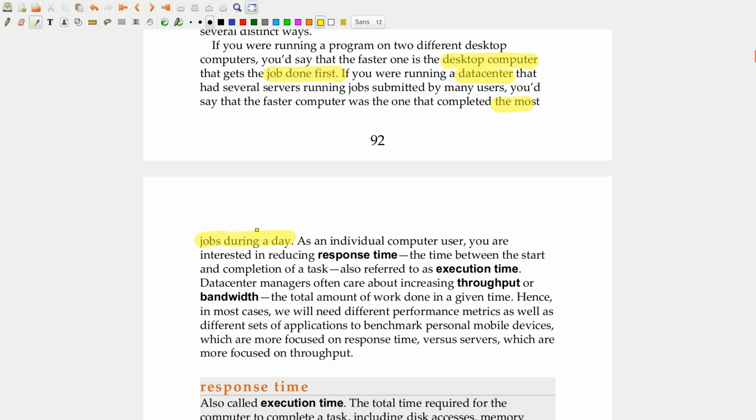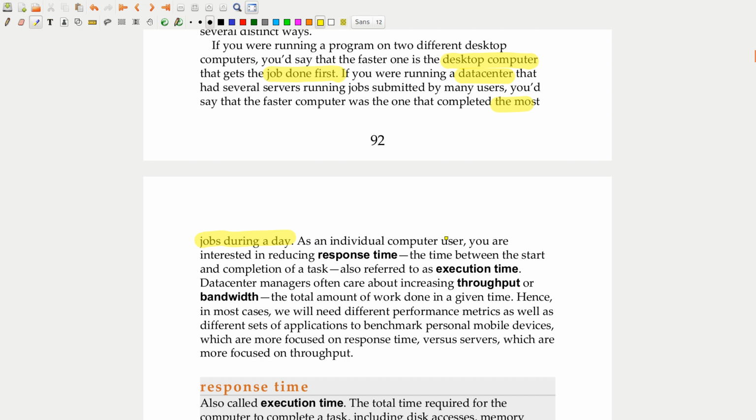So here we're taking more of a throughput approach rather than a latency approach. By throughput, I mean getting the most work done per unit time overall. And by latency, I mean the response time, so how fast it got just a single task done, the single task execution time.